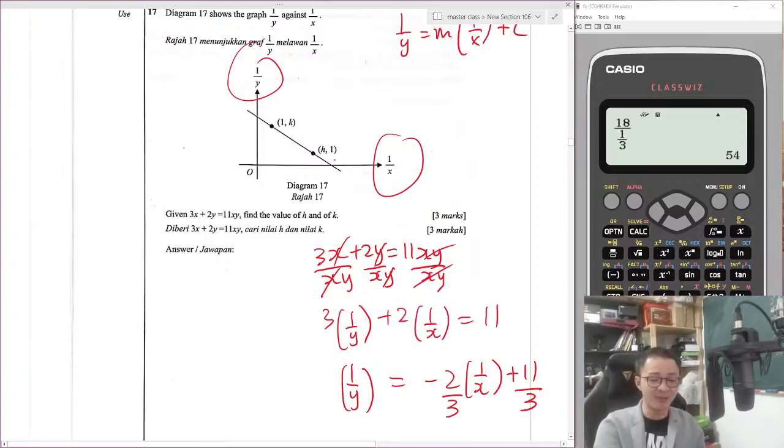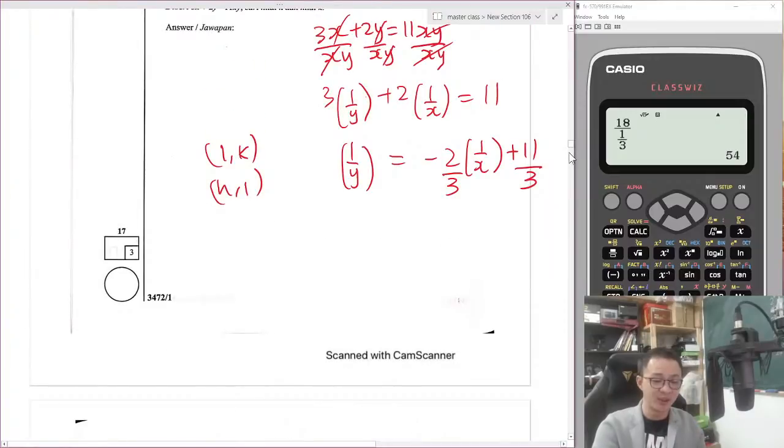You can just sub in to find h and k. We have two coordinates, (1, k) and (h, 1), isn't it? You just sub into the equation, it will be quite easy. If I sub (1, k), my 1 over y is k, and the other one will be 1 here. You type into the calculator, you will get 9 over 3, which is 3.